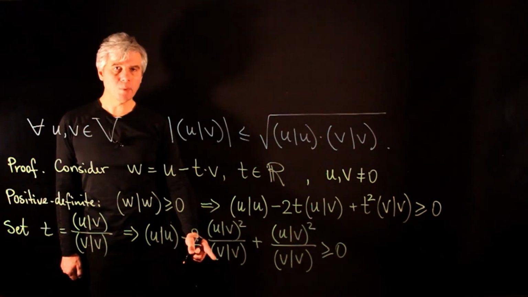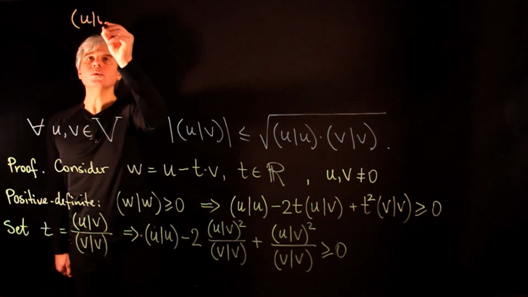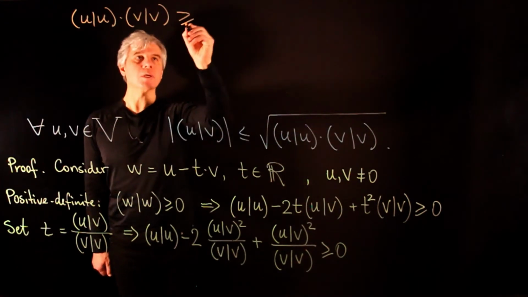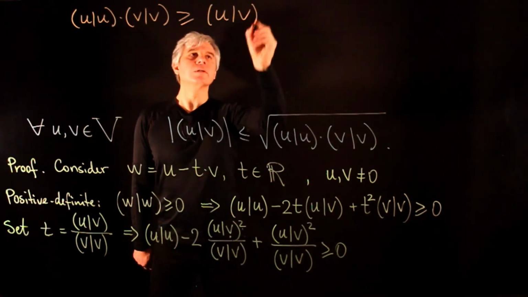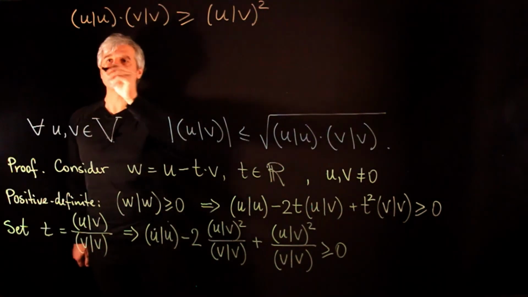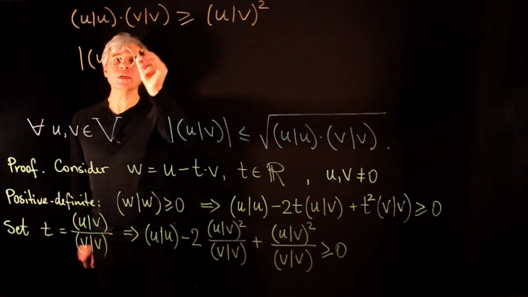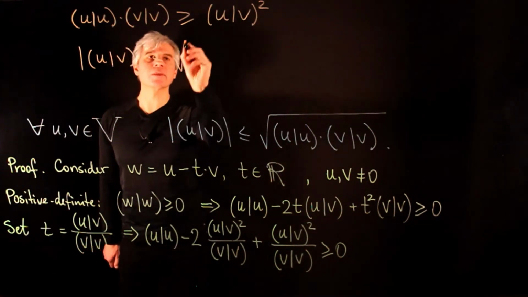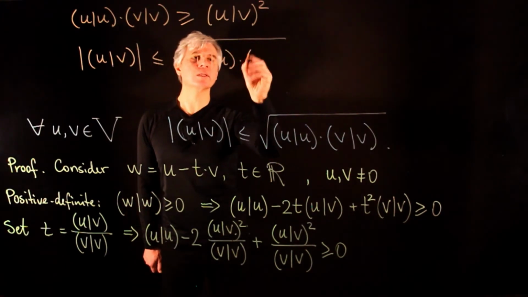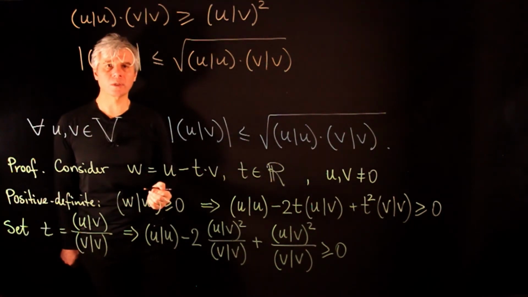Now, multiplying by the positive value (v, v) and simplifying, we get that (u, u) times (v, v) is greater or equal to (u, v) squared. And now, extracting the square root of both sides, we get that the absolute value of the bilinear form evaluated on u and v is less or equal than the square root of the product of (u, u) times (v, v), which is exactly the Cauchy-Schwarz inequality.